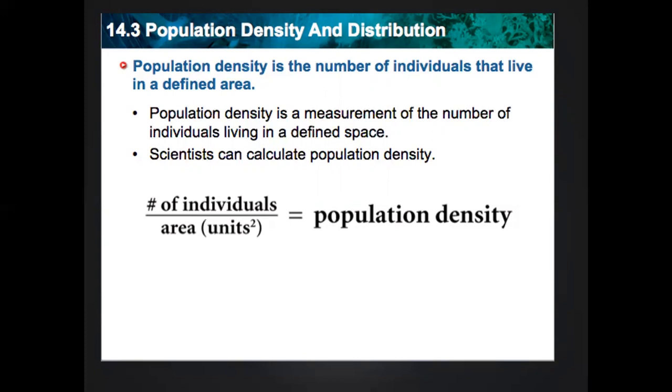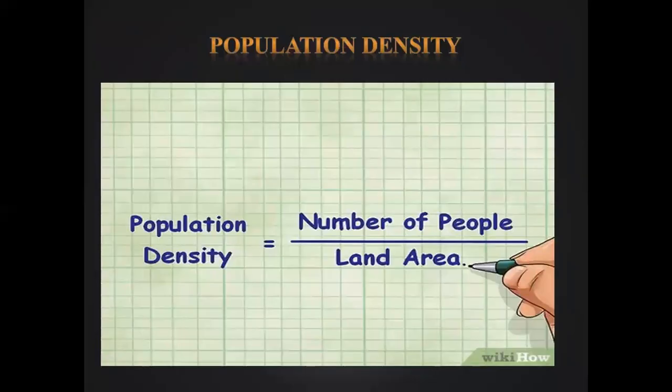Population density is a measurement of the number of individuals living in a defined space. Scientists can calculate the population density. Population density equals number of individuals divided by area. Dear cadets, now we can clear that the population density equals number of people divided by land area.